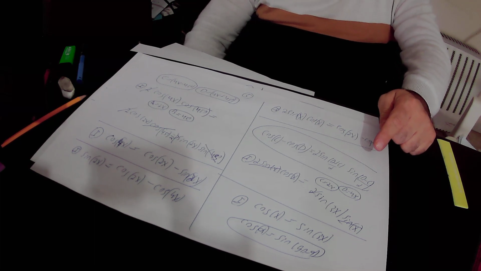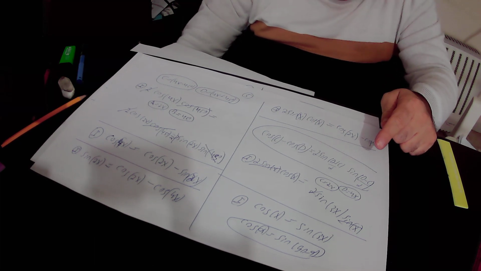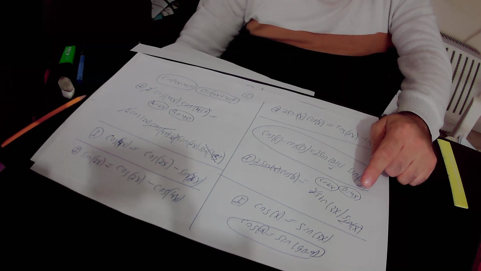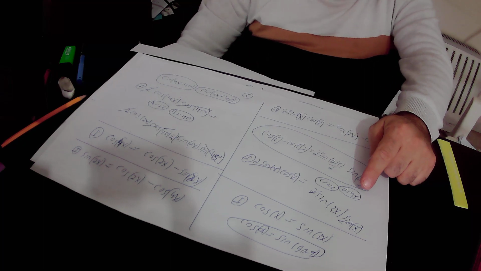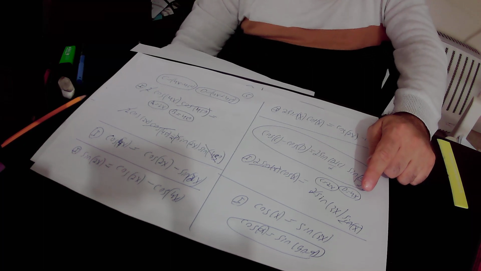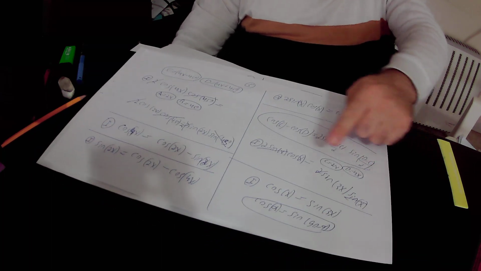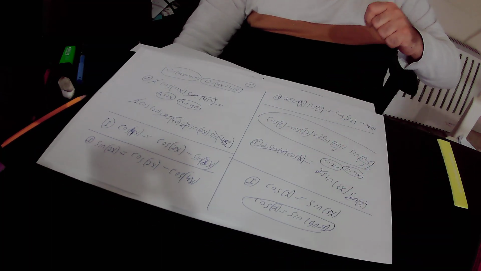D minus c is 4x minus 2x, which is 2x, and 2x over 2 is x. So in conclusion, we got that 2 sine x cosine x equals 2 sine 3x times sine x. We divided this equation number 1 by sine x, and we got that cosine x equals sine 3x.